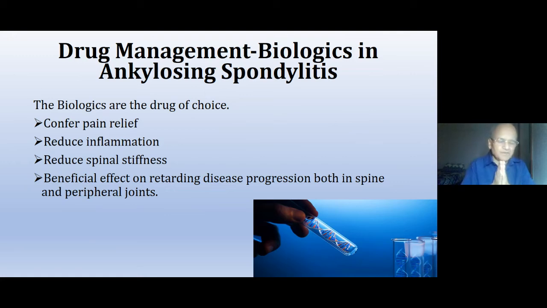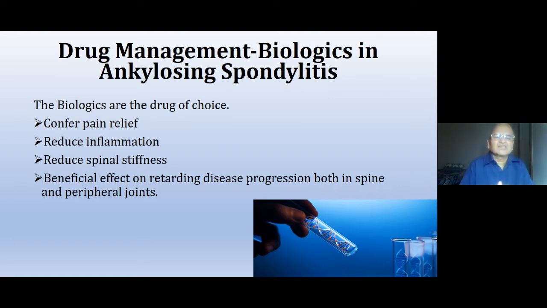Now, this is the most important slide. In the treatment of ankylosing spondylitis at present, the drug of choice is biologics. These biologics specifically act against inflammatory mediators which are responsible for spinal inflammation, spinal destruction and new bone formation. We have two classes called anti-TNF and IL-17.